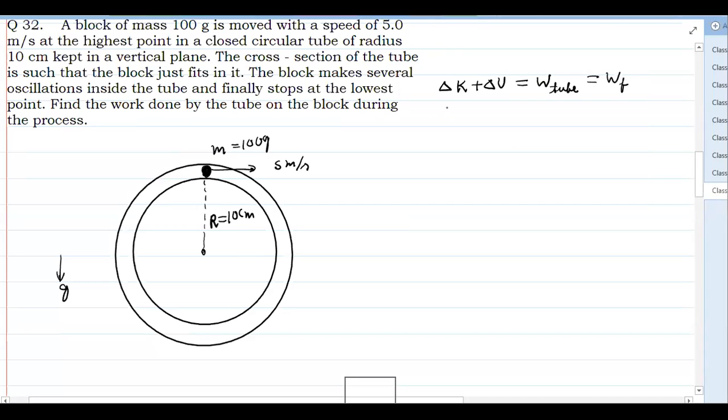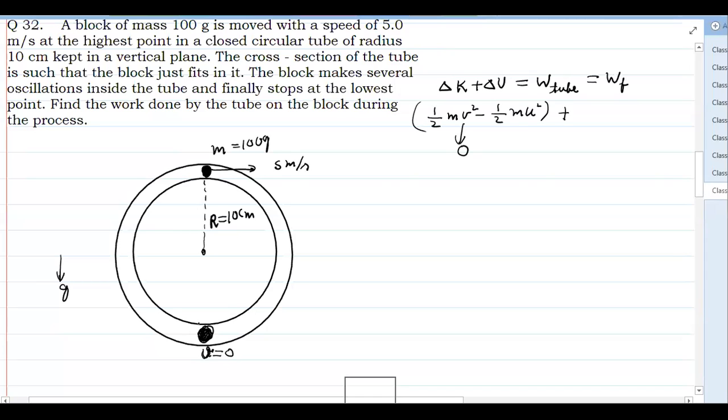And delta K we will write. Finally it comes to stop at lowest point. The object stops at lowest point, so velocity here is 0, final velocity. So we will write half m v square minus half m u square, where v is 0, and then we'll write change in potential energy. How much has the object descended?